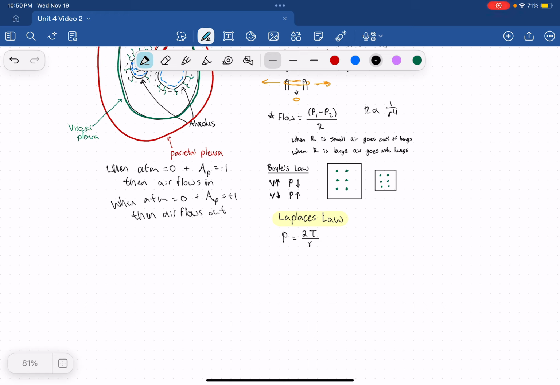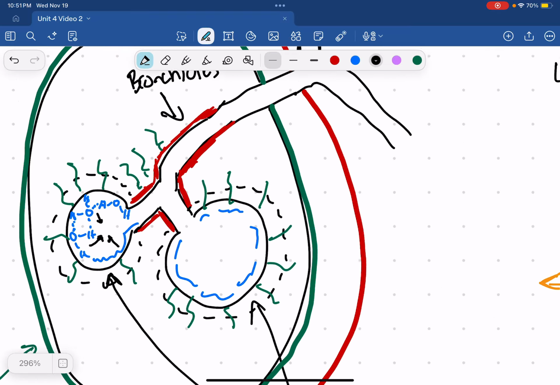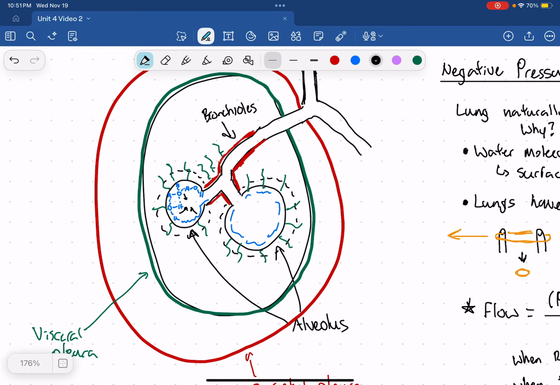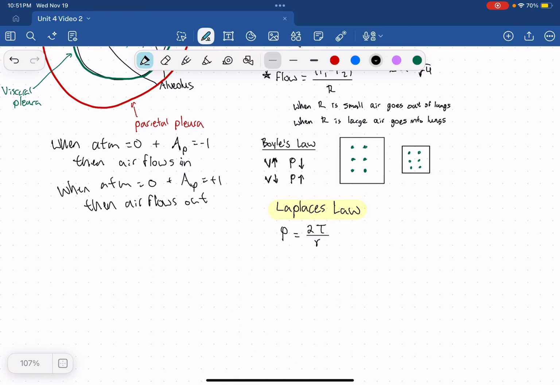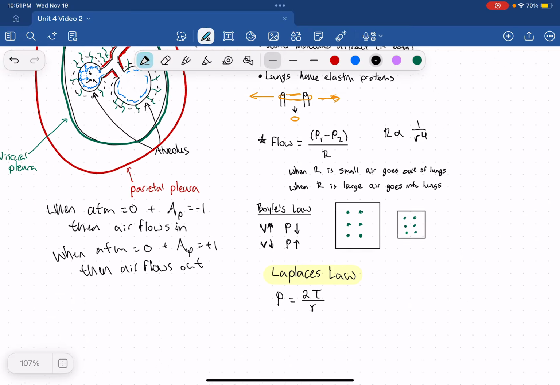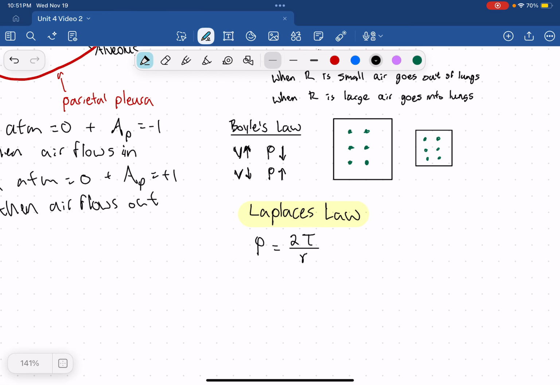This is an important concept when we're trying to understand how, remember how we're talking about the surface tension that water has and how it makes the lungs naturally want to collapse? Well, Laplace's law can help us understand a little bit more why that happens.